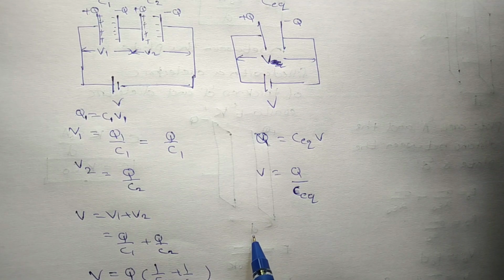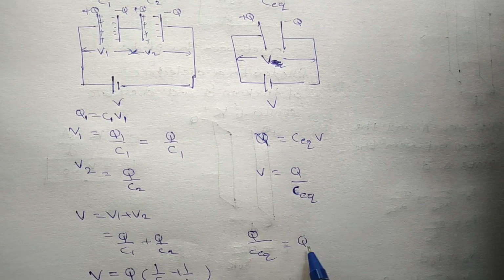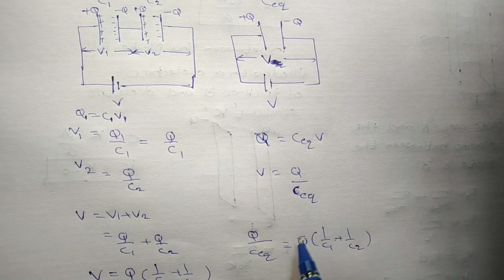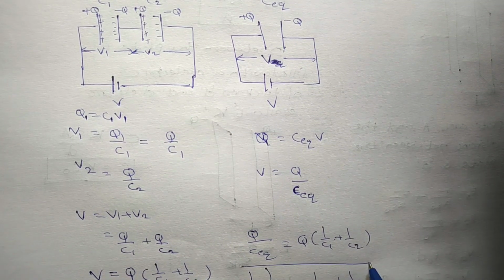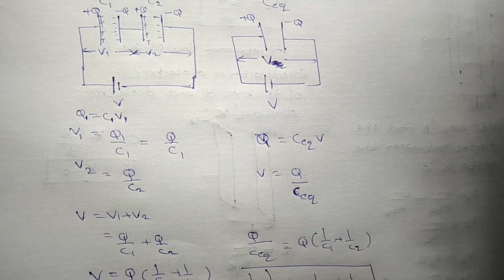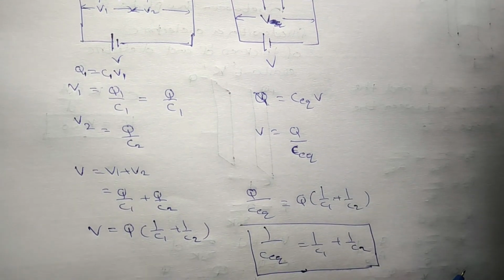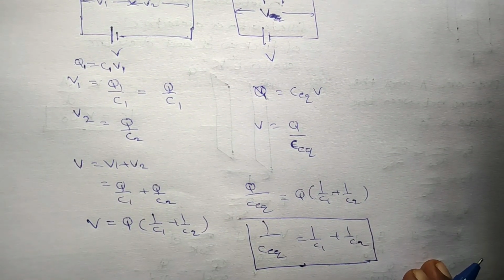What we will get? Q by C equivalent is equal to Q into 1 by C1 plus 1 by C2. Q we can cancel. So 1 by C equivalent is equal to 1 by C1 plus 1 by C2. This is the equivalent capacitance of capacitors connected in series combination.